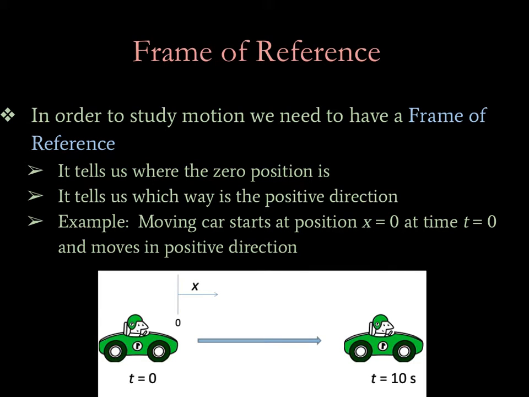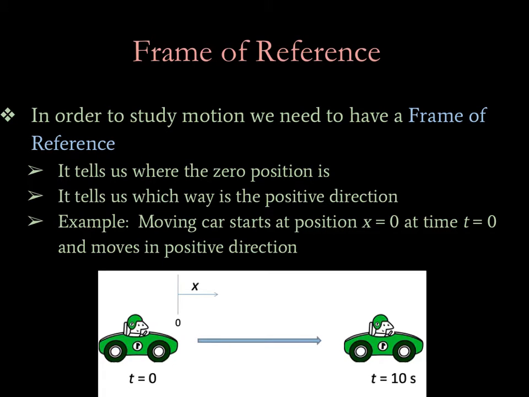Now, as we make these measurements, we have to consider what we call our frame of reference. And a frame of reference simply tells us where the origin is, where the zero position is. It also gives us an indication of which way is the positive and which way is the negative direction.